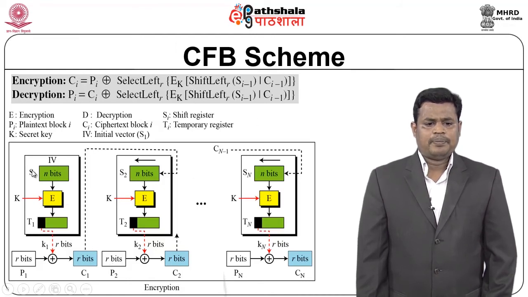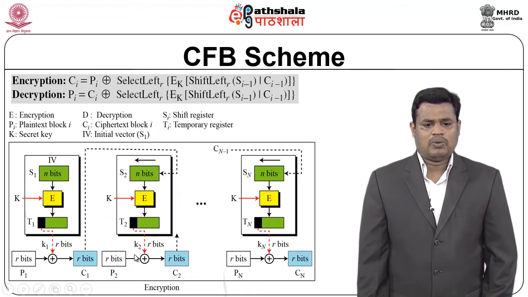Here SI, that is the previous SI, is from S2. If I want to generate S2 of the next block, that is, when I want to generate C2, the ciphertext of C2, what I require is P2 into the encryption key, and it is taking S1 and part of your C1, R bits of your C1, which is then left shifted.